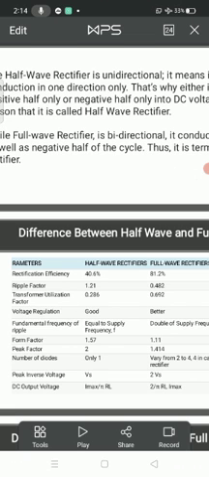But the bridge type rectifier efficiency is also 81.2%, but the bridge type rectifier uses 4 diodes. So the initial cost of the bridge type rectifier is high as compared to the center tap full wave rectifier.